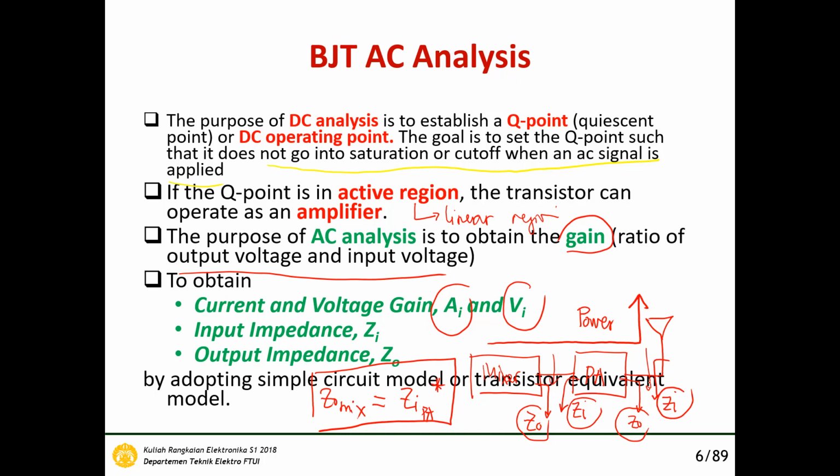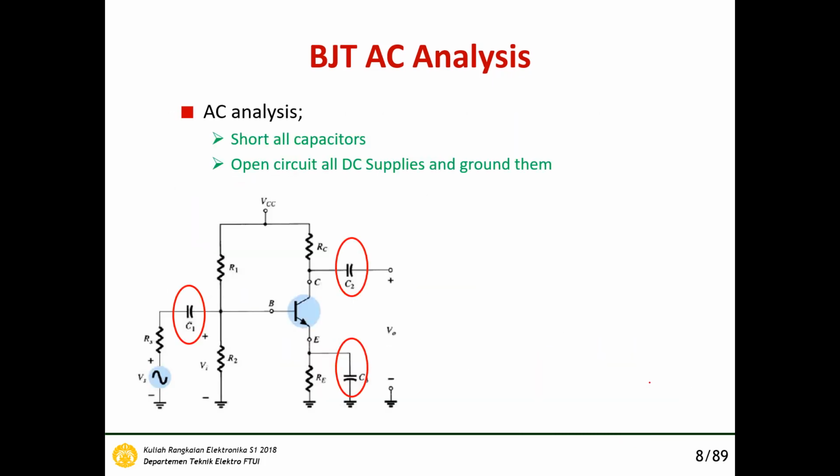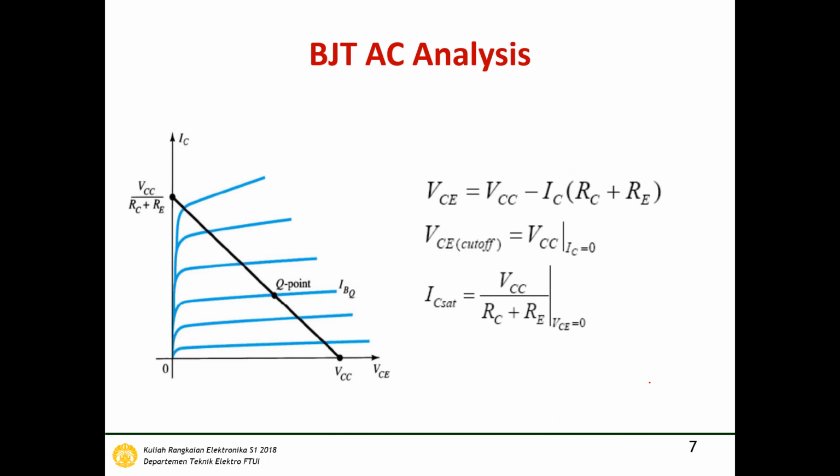Okay, so we can analyze the BJT AC analysis by adopting a simple circuit model or transistor equivalent model. So this is how to perform the BJT AC analysis. The first one, we have to determine the key point here.